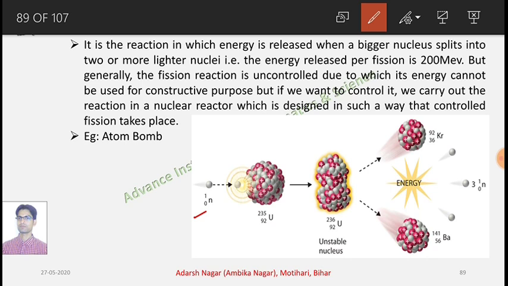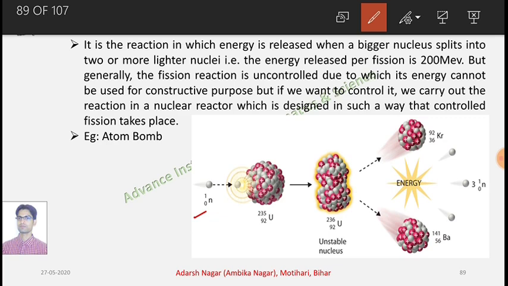The neutron is bombarded on the nucleus of uranium 235, and one neutron is added to this nucleus, so it becomes 236. When this neutron strikes the nucleus of uranium 235, it splits into two lighter nuclei.